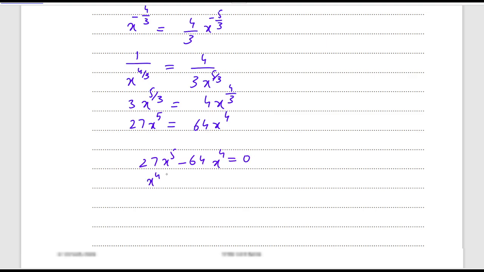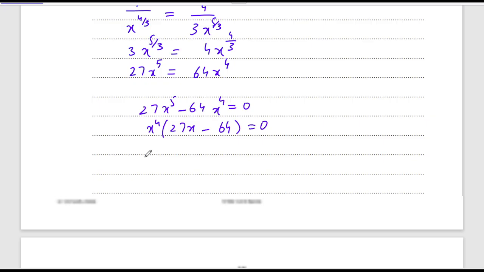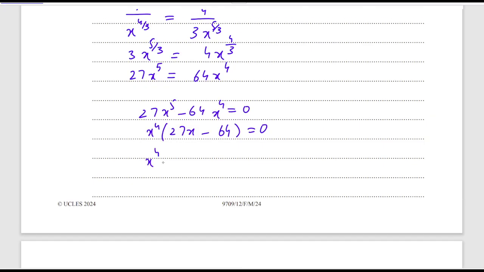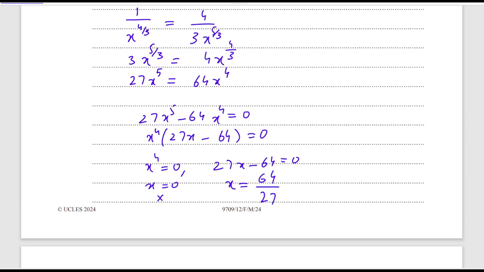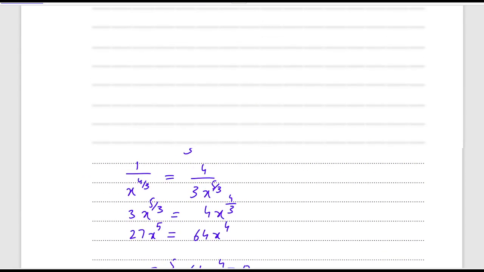Taking x to the power 4 common, we have x to the power 4 times 27x minus 64 equals 0. So x to the power 4 equals 0 or 27x minus 64 equals 0. Since x cannot be equal to 0 in this case, discard this solution and solve the second equation to get x equals 64 divided by 27. So the x coordinate of the minimum point is 64 over 27.